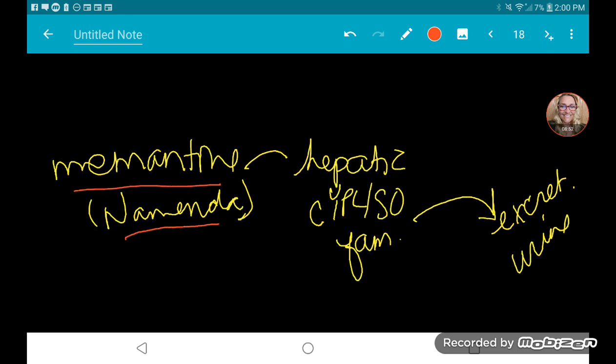Memantine, Namenda is its brand name, is metabolized hepatically by the CYP450 family and is excreted almost entirely by urine.